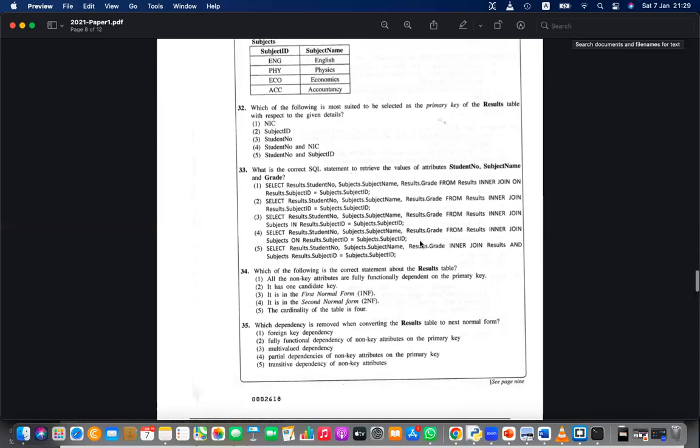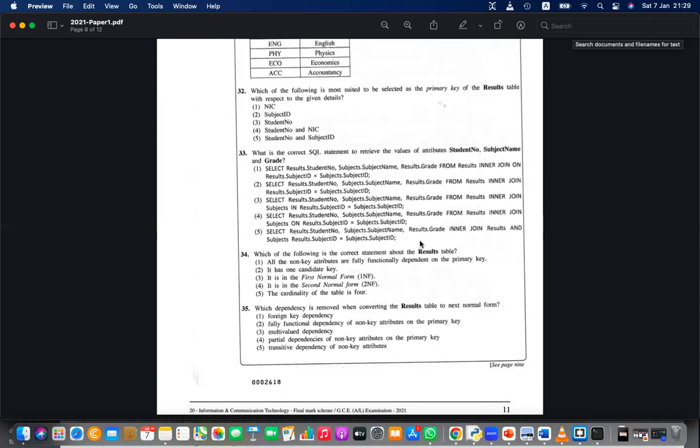Question 33. What is the correct SQL statement to retrieve the values of attributes student number, subject name, and the grade? Select student number, subject name, grade.